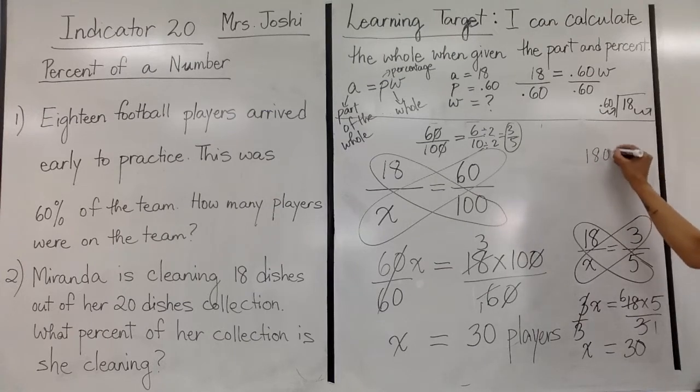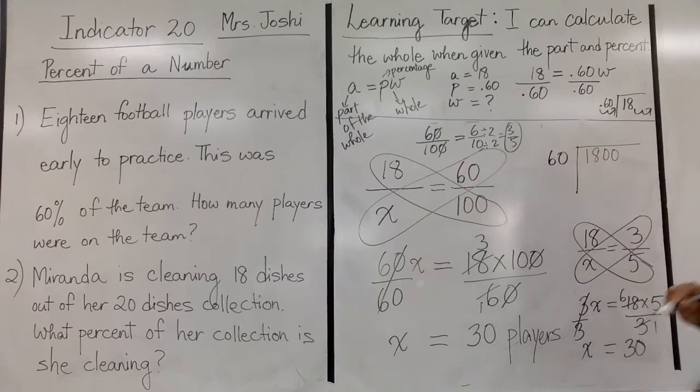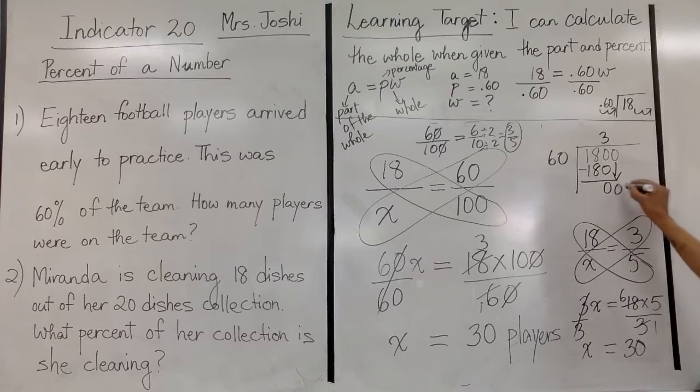I know that 3 times 6 is 18, and then I have a 0, so this gives me 180. 3 times 60 is 180, and I get a 0. Don't forget to bring this 0 down and add it here.